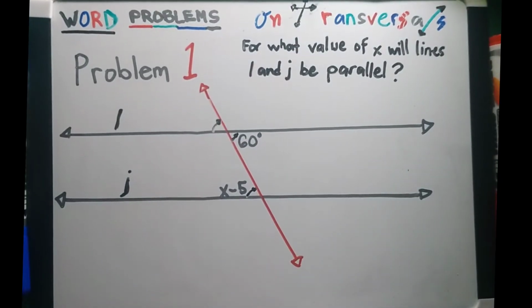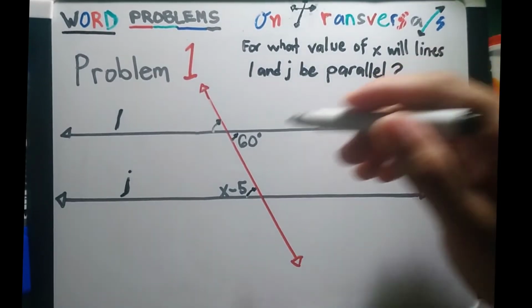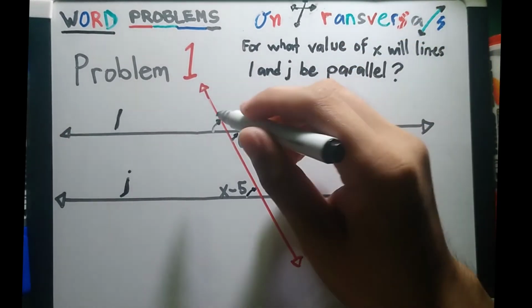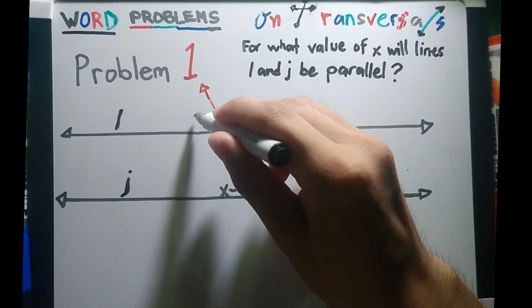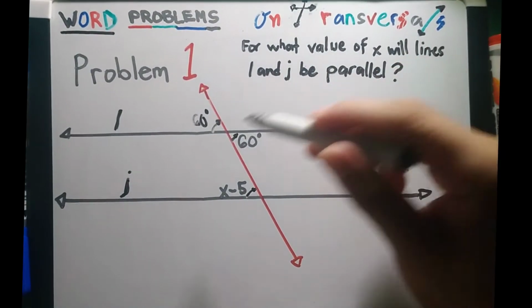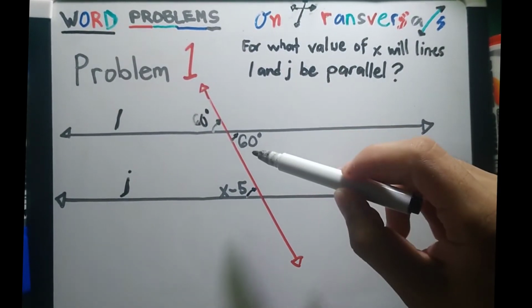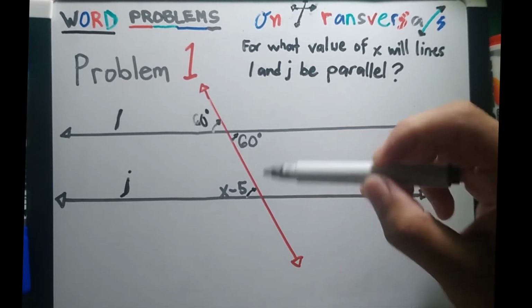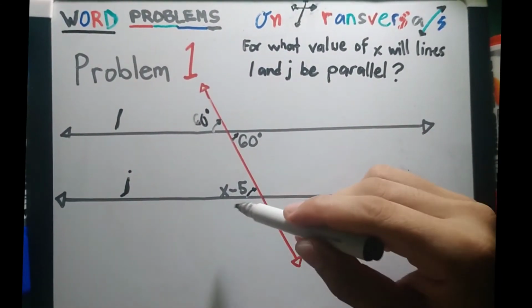And this is the angle vertical to the first given, which is the measure of 60 degrees. Since vertical angles have equal measure, we can be certain that this third angle also has the measure of 60 degrees. This particular angle that is vertical to the given angle with a measure of 60 degrees is also corresponding to the second angle, which is the measure of x minus 5.